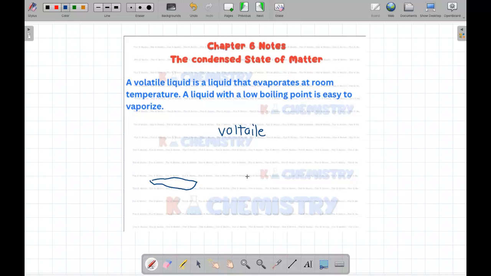But for some liquids, for example, if you sprayed your hand with some ethanol, this ethanol is very volatile. You don't need to dry it up or use tissues to remove it. It just gets evaporated by itself without even heating or anything. This kind of liquid, like ethanol, is known as a volatile liquid. They evaporate even at room temperature. They have very low boiling points, so they are easy to vaporize.